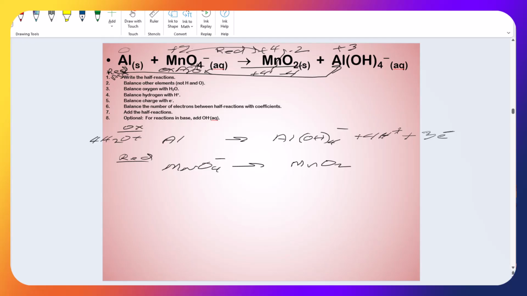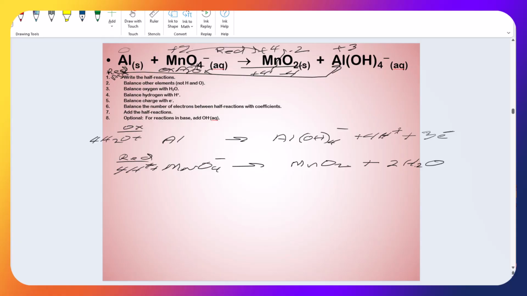On the reduction half, I've got 1 manganese, 2 oxygens on the product side, 4 on the reactant side, so I'm going to add 2 waters to balance the oxygen. That gives me 4 hydrogens, so I need 4 H pluses here. Okay, let's balance charge.